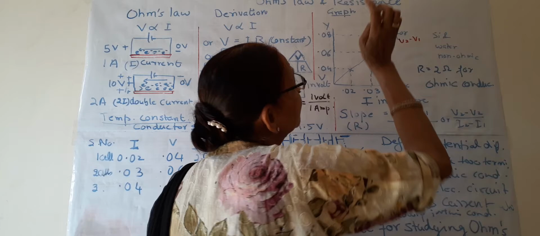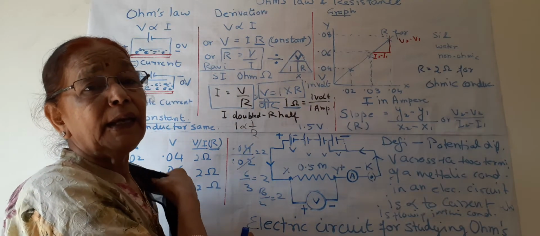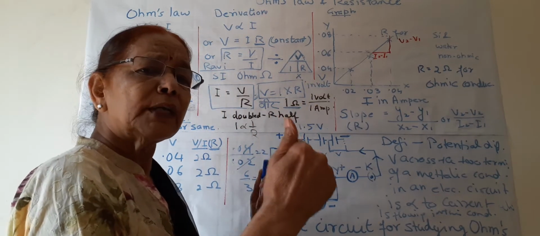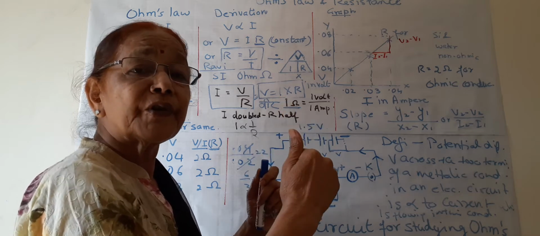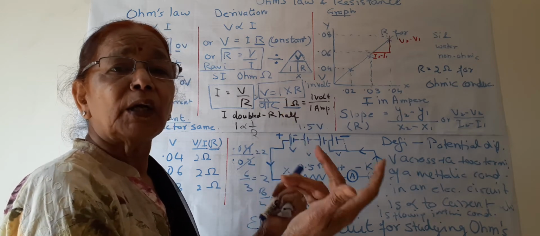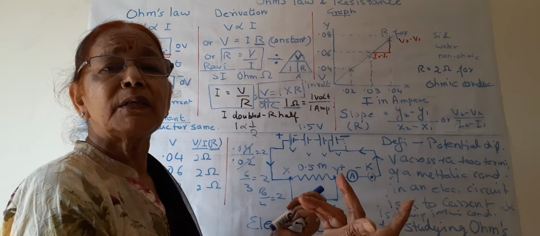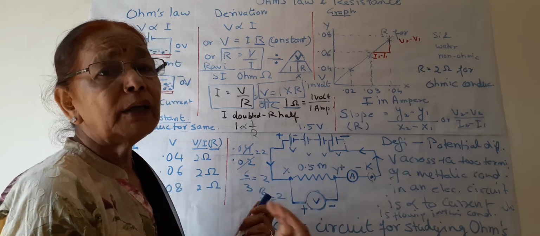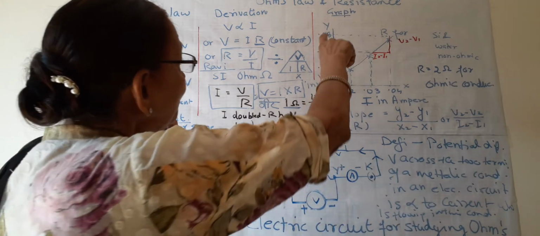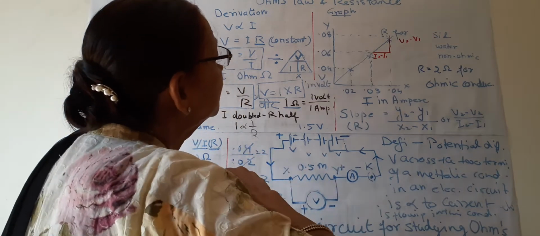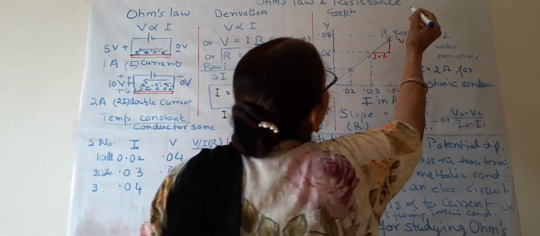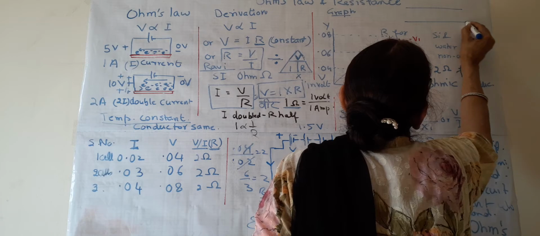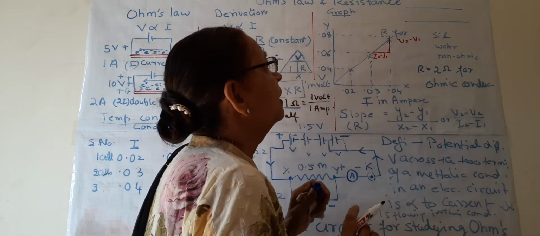What does the word resistance mean? Resistance means to resist something, to obstruct, to oppose. So who is opposing and what is being opposed or resisted? This resistance is for the flow of current in the metallic wire.